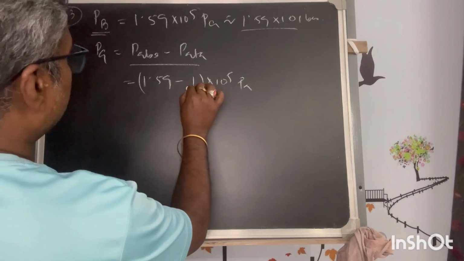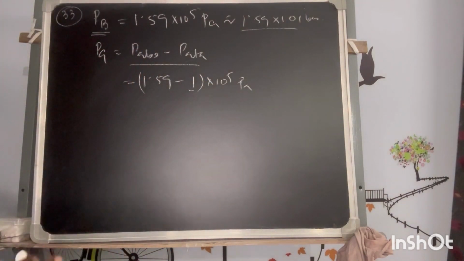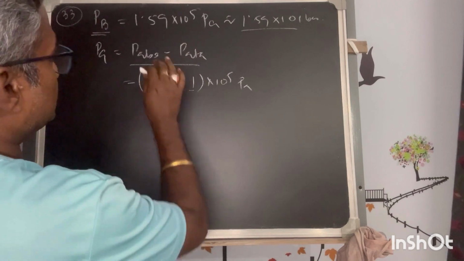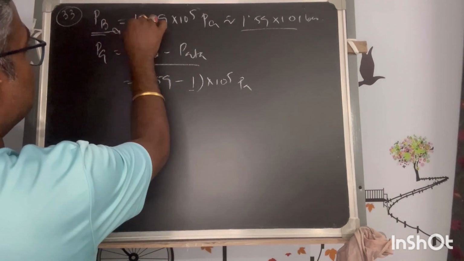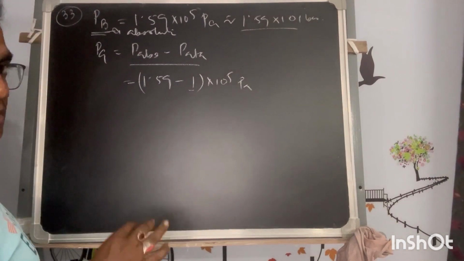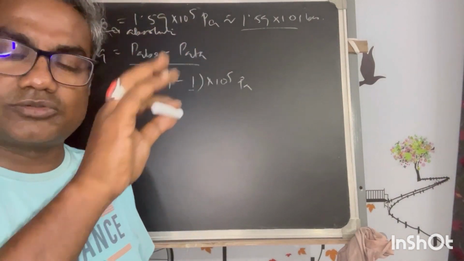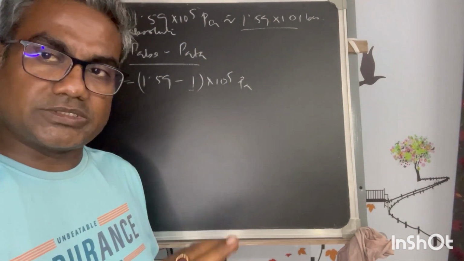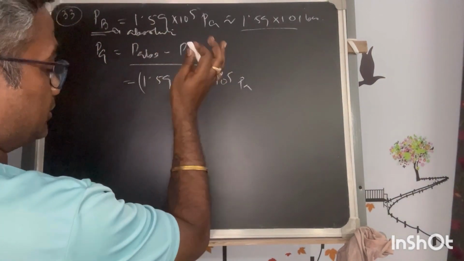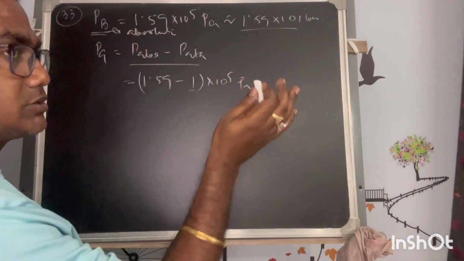So if the problem asks for gauge pressure, remember what I find here is the absolute pressure, whereas the gauge pressure is what the pressure gauge shows. That's why it is named a pressure gauge: it shows only the gauge pressure.